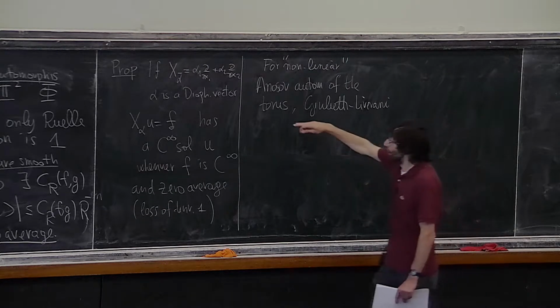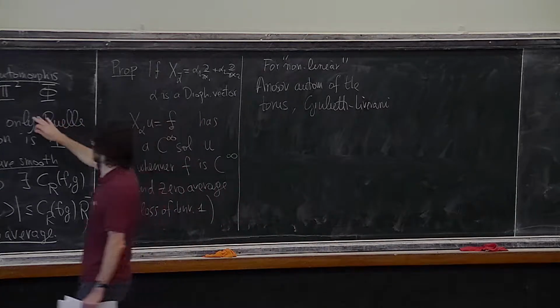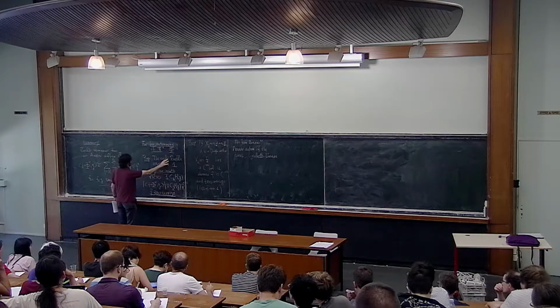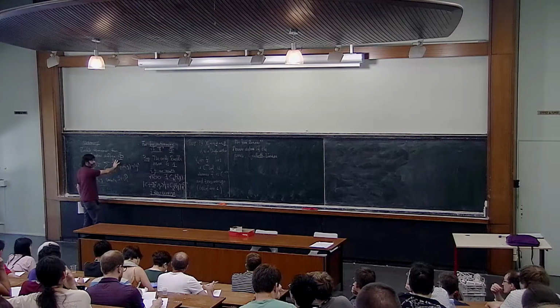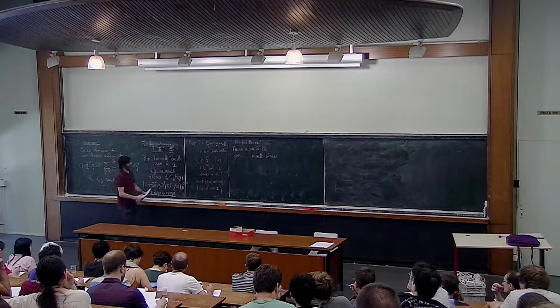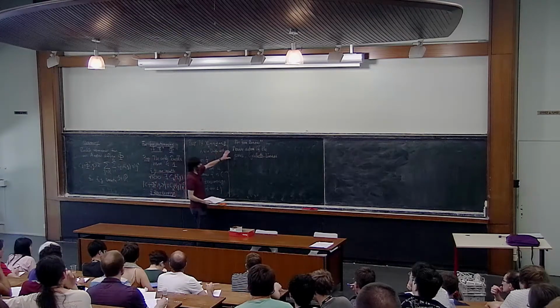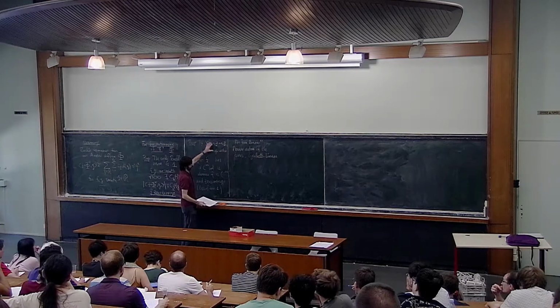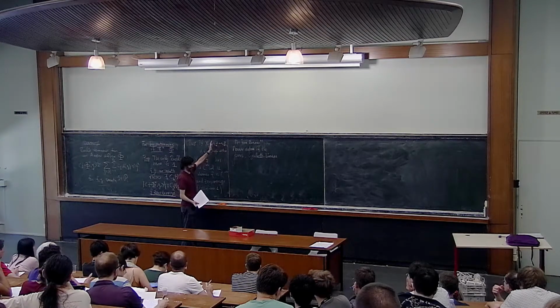So the point here is that in the linear case, we can do Fourier analysis on this side and get results on this side. But in the general nonlinear case, the Fourier analysis for the unstable direction is not available.